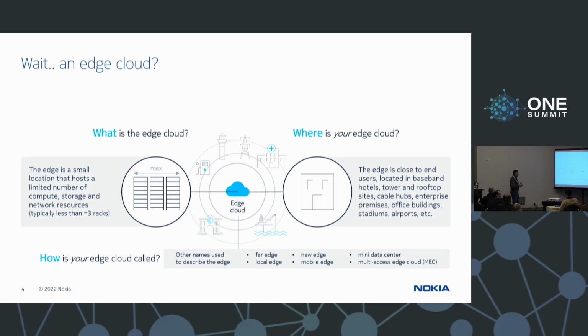However, there are a few common characteristics of these new edge clouds. The edge cloud is tuned to run a workload for a specific application. There are specific performance and scale requirements, and you would have an SLA associated with that.